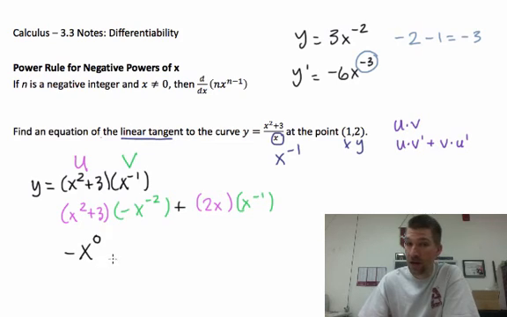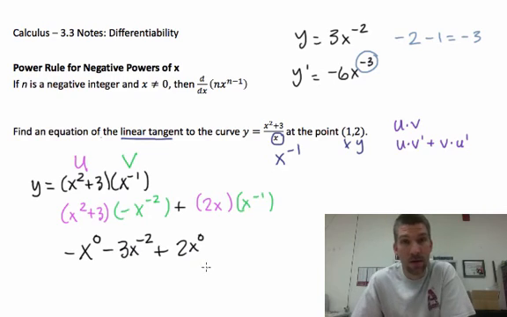Okay? Now hang tight. Don't panic yet. Minus 3x to the -2 plus, and then over here on this side we're going to have 2 times x to the 0 because -1 plus 1.